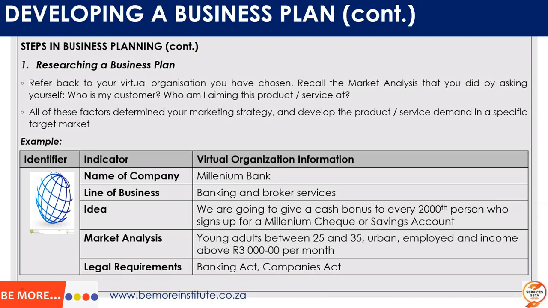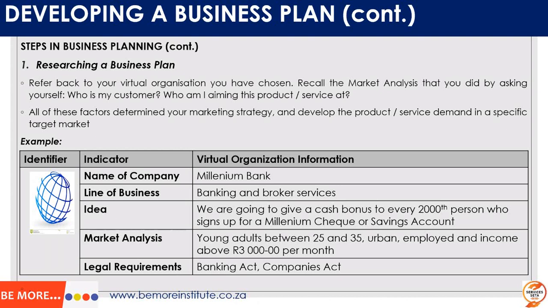We are going to give a cash bonus to every 2,000th person who signs up for a Millennium check or savings account. So you can see here we are trying to capture a market. We're going to make sure we push the sales in the form of sign-ups and all that. Hence, you are even offering a cash bonus, which is some kind of a marketing strategy.